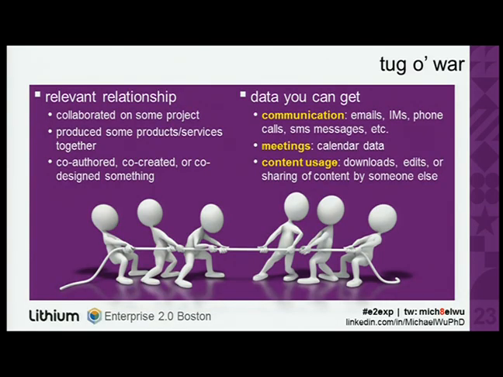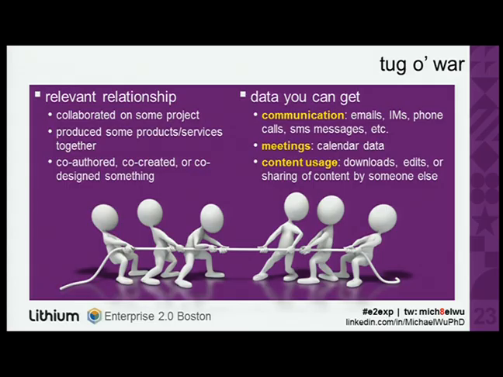You have communication data: emails, phone calls, IMs, instant messaging, SMS messages. You have meetings and calendar data. And you also have content usage data. For example, on SharePoint, you can track who has downloaded whose content, who has edited whose content, who has shared somebody else's content. Those are the data that you have.